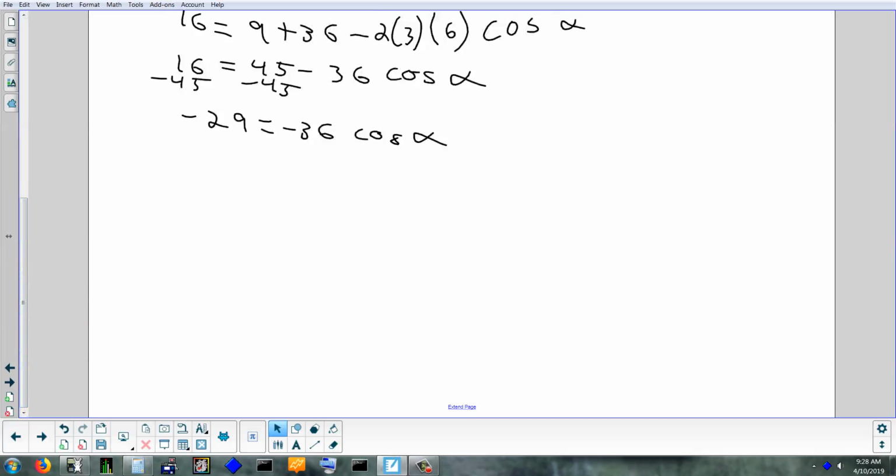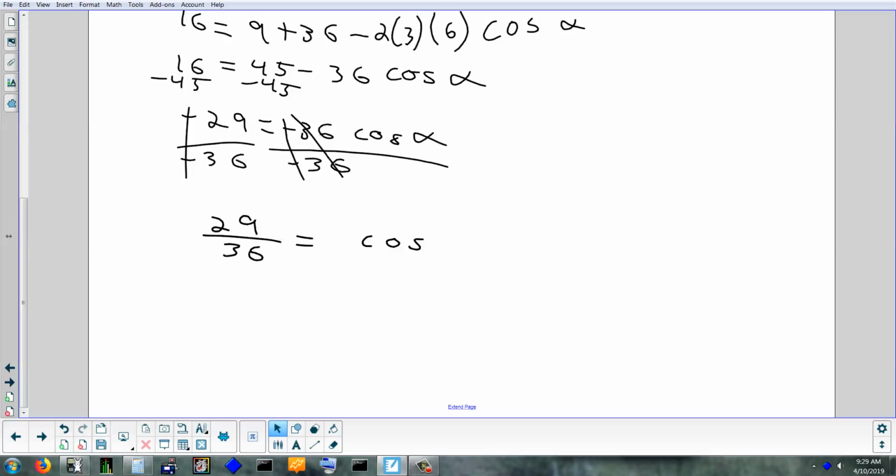Okay, 2 steps left. Divide by negative 36. The 36 stays and the negative is gone on this side. Bigger number is in the bottom. I like that. If the bigger number is in the top, you're going to get an error. Won't work. And you should never get an error. So if you get an error, you did something wrong. So you got 29 over 36 equals cosine alpha.